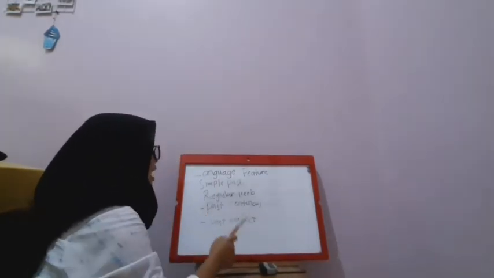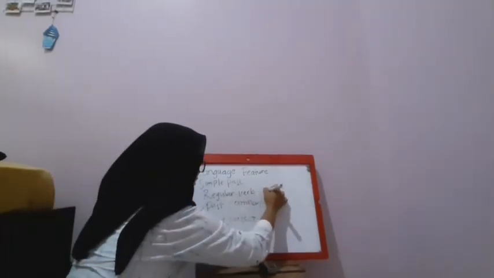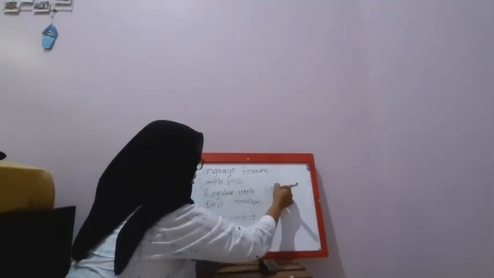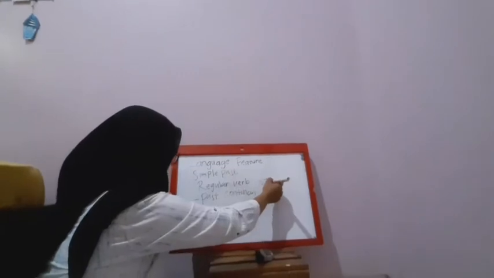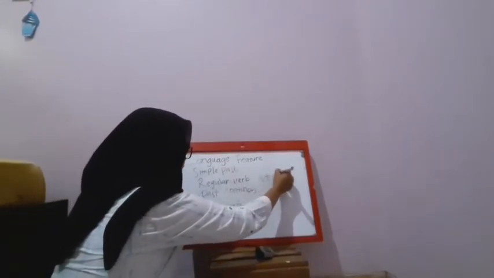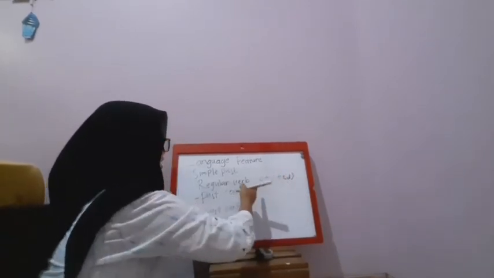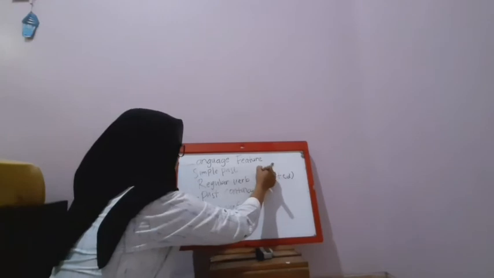Regular verb adalah kata kerja yang beraturan. Formulanya subject plus verb plus ed. Contoh kalimatnya adalah she walked.